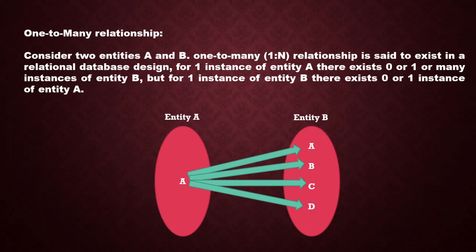Such a relationship of entity is known as one-to-many relationship. A single entity of the database 1 is related with many entities of database 2. Such a relationship is known as one-to-many relationship.